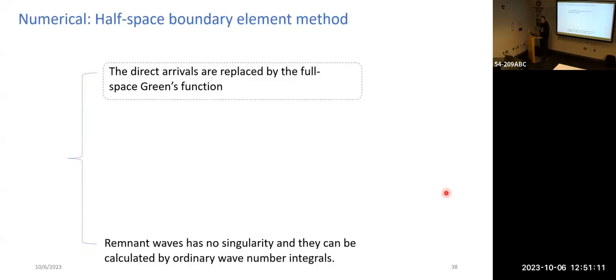And fortunately, the direct arrivals of the half space, that is the S wave and the P wave, are the same as in the full space. So that is replaced by the full space Green's function, which has an analytical form. And for the other parts, surface wave and the multiples, they can be calculated by the wave number integral without divergence. So basically, the half space Green's function and the traction Green's function can be decomposed into two parts. One part is the analytical full space Green's function, and another part includes the surface wave and the multiples, and this can be calculated by the wave number integral.